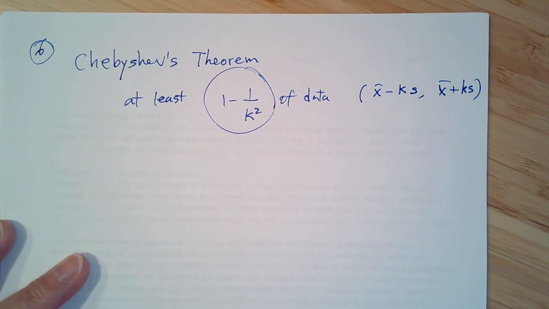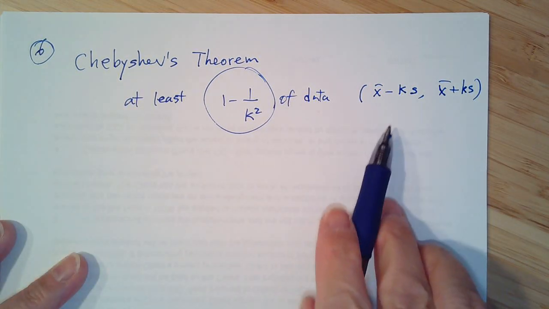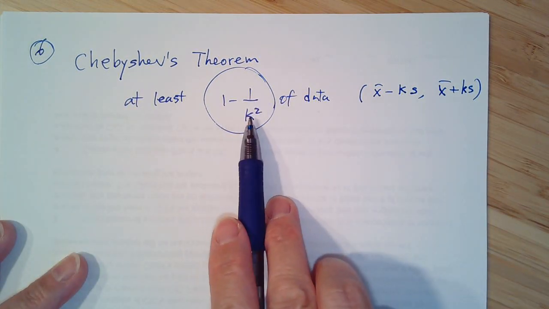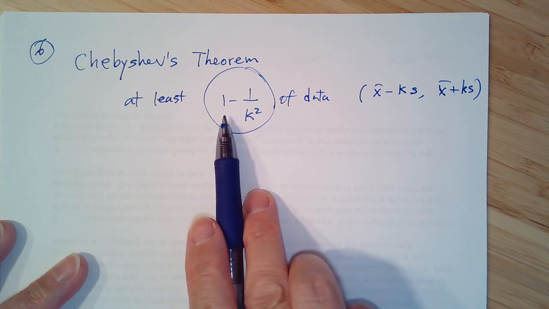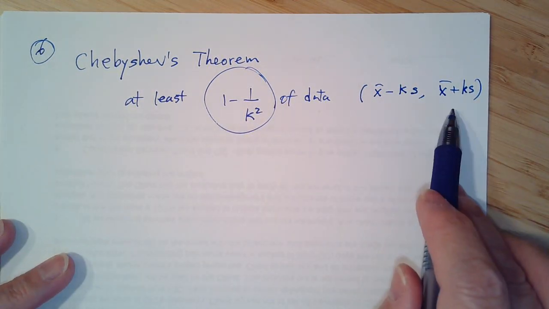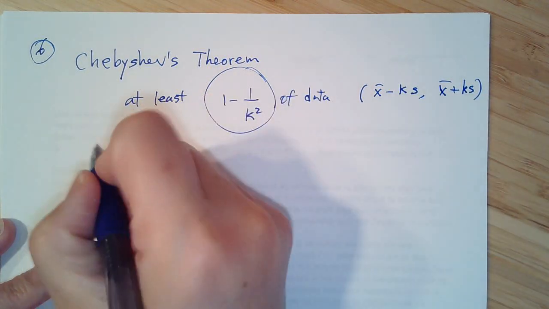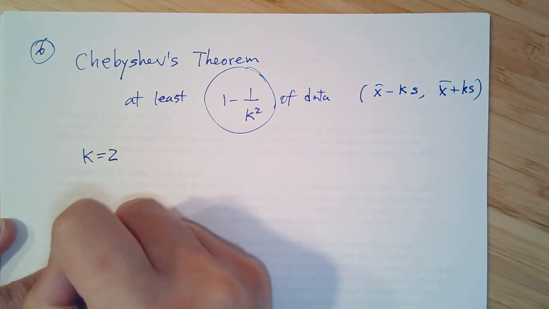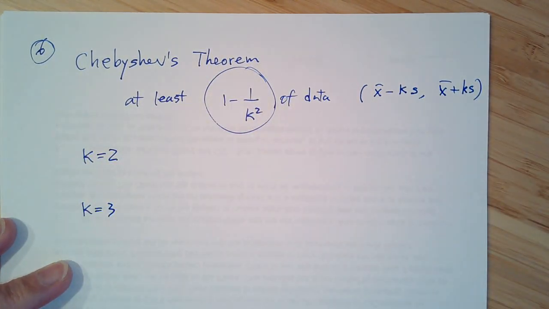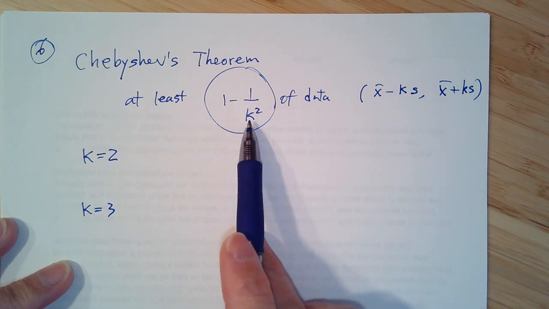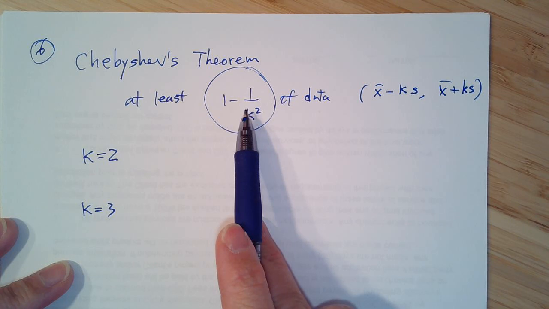Okay, so what happens when k equals 1? Then this is 1 minus 1 over 1, so 1 minus 1 is 0, so it means at least some data are within 1 standard deviation of the mean, so we don't really care about that. So we care about when k equals 2 and when k equals 3. Let's see what happens when k equals 2. Here's 2 squared, which is 4 in the denominator, 1 over 4, and 1 minus that is 3/4.